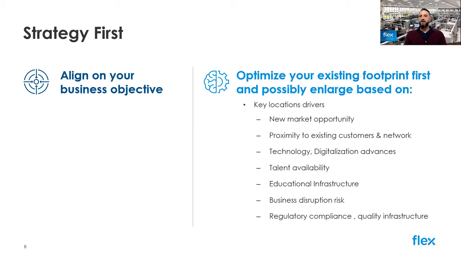If you have an existing network, it's also important for you to be close to them, to use the same time zone, to use the same methodology of manufacturing. If you are familiar already with them, this is also giving you a big advantage when you choose your key location drivers. For sure, technology and digitalization is an enabler or an advantage.